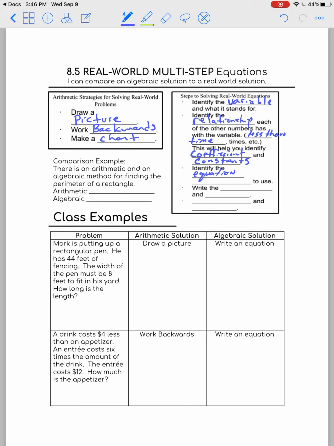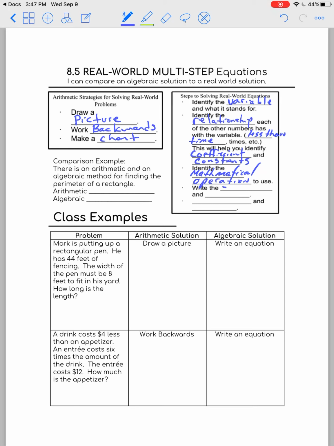So you're going to identify what the equation is. Let me rewrite that. Oh, wait a minute, no. I skipped one. Identify the mathematical operation to use.